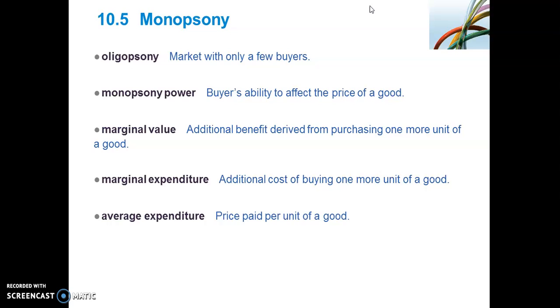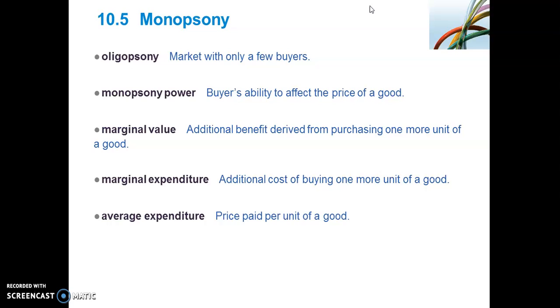And there are a few concepts that we need to define before our subsequent analysis using figures, and that is marginal value, marginal expenditure, and average expenditure. Now, again, whenever you hear the word marginal, you think there's something extra, something additional when there's a change in one. So, marginal value is that additional value or benefit from buying one more unit of a good.